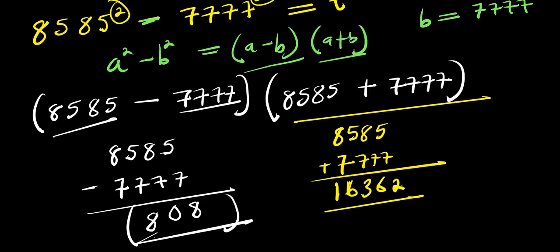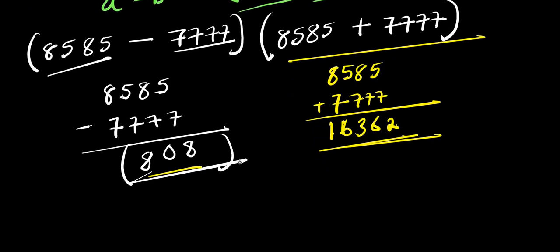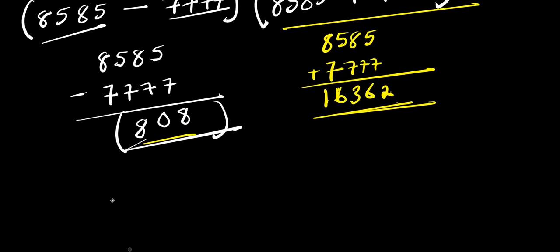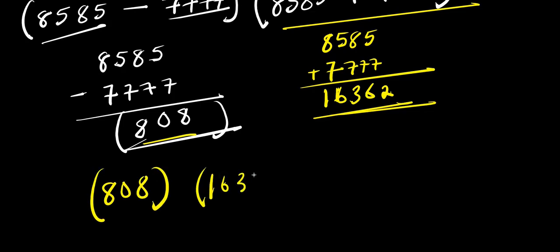So we have this and this. So we need to multiply this up. 8 times 162.